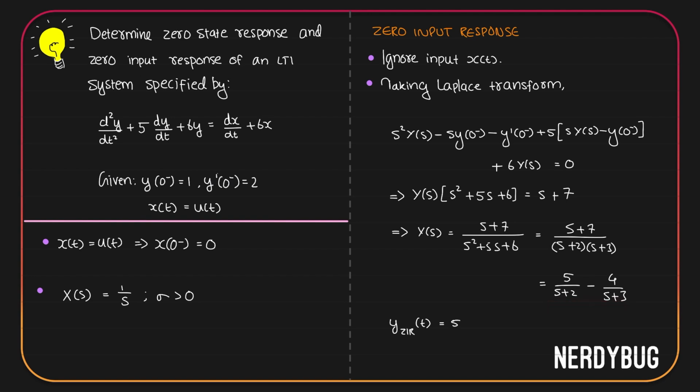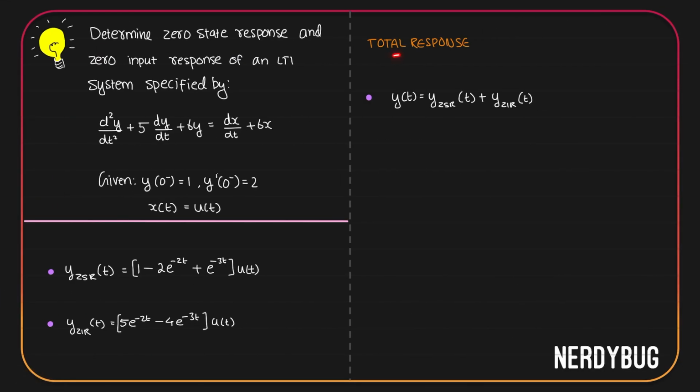So, 5 times inverse Laplace transform of 1 by s plus 2, considering it is right-sided, is e raised to minus 2t u of t, minus 4 times inverse of 1 by s plus 3, e raised to minus 3t u of t. We can combine it and write 5 e raised to minus 2t minus 4 e raised to minus 3t multiplied by u of t.